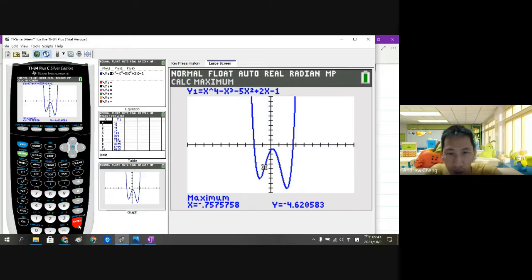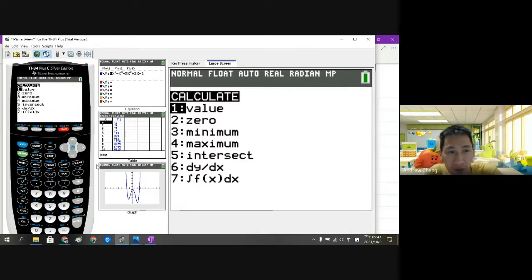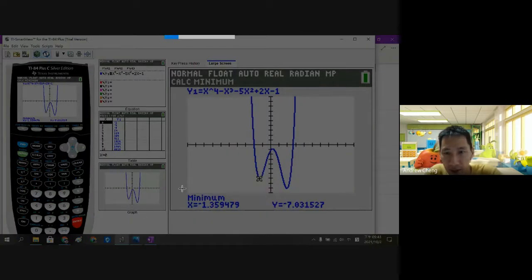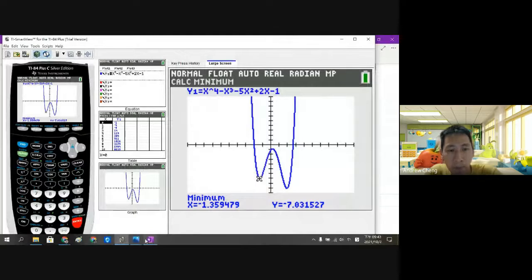Okay, I typed wrong. I chose maximum, so it found the maximum for me. So it's not the point I want. So I do it again. So trace minimum should be 3. So 3. Okay, set the left bound. Don't dislike me because I pressed the wrong button. Okay, yes, this time is correct. So the minimum is this. Okay, this one is already done for me.